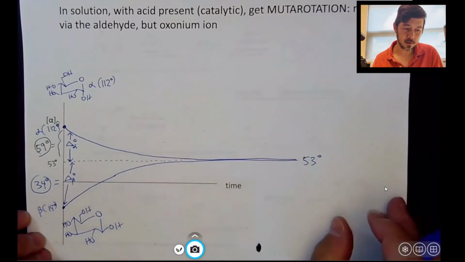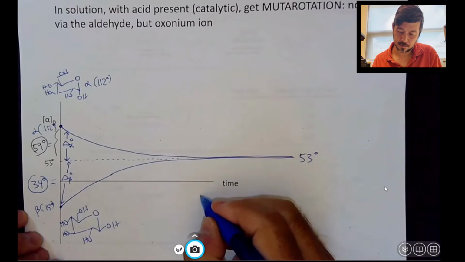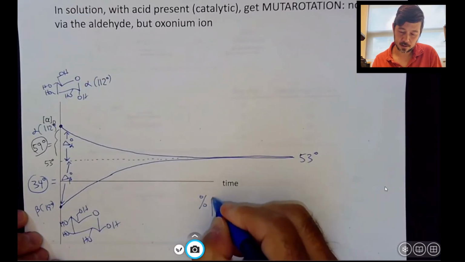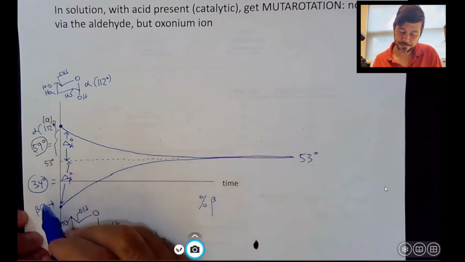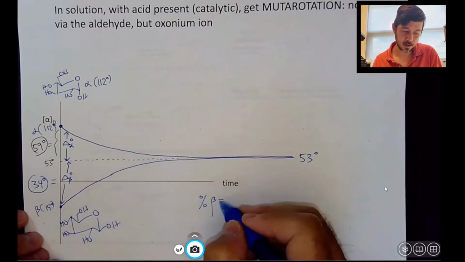Okay, so what's happened is that they've undergone mutarotation, and let's calculate the percentage, starting with beta glucose once it equilibrates.